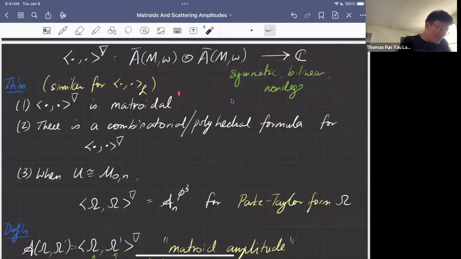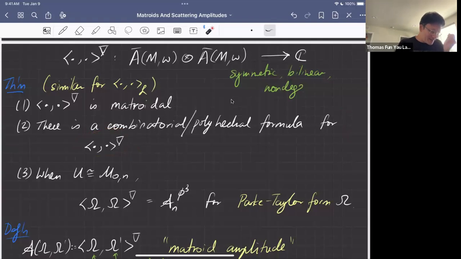The way you see that it's matroidal is you write down a formula for it, which I will tell you in a moment. There are multiple good ways to write it. But let's just say there is a combinatorial formula for this bilinear form.